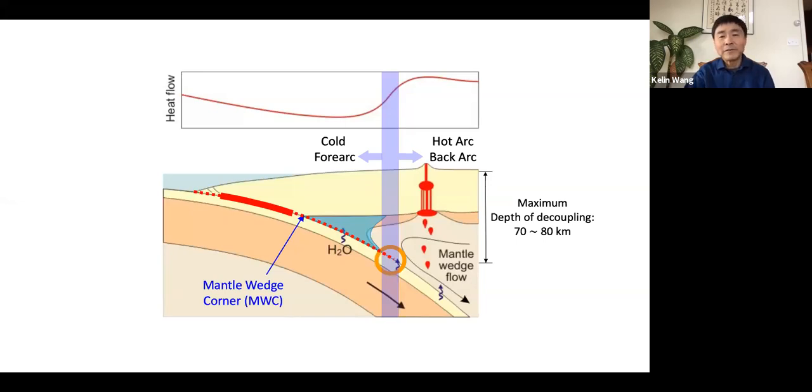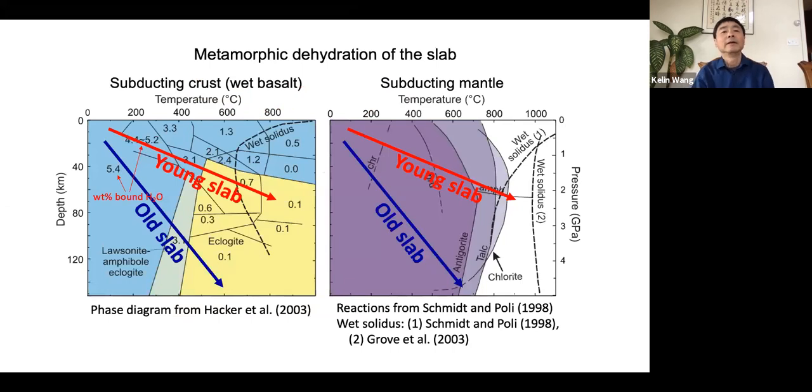But it can be quite different between subduction zones in the forearc, depending on the age and the thermal state of the incoming plate, as you all know. And the thermal difference between the incoming plates causes a large difference in the metamorphic dehydration processes of the slab.